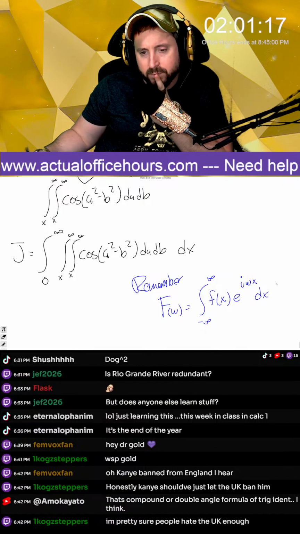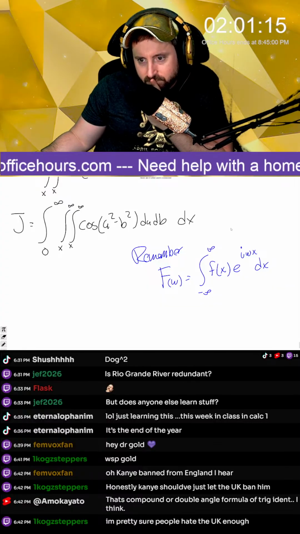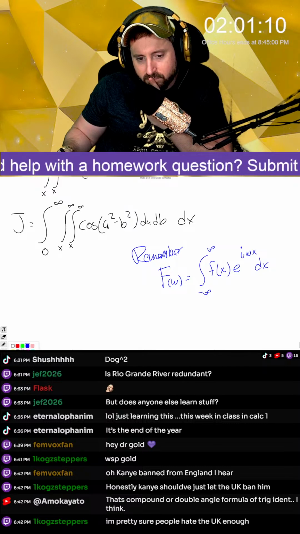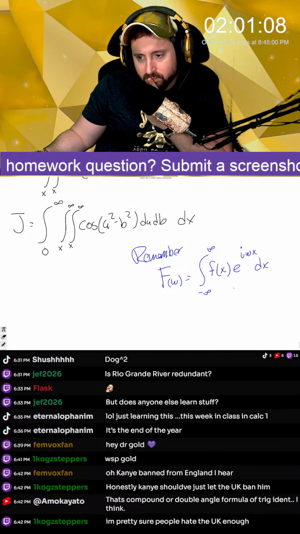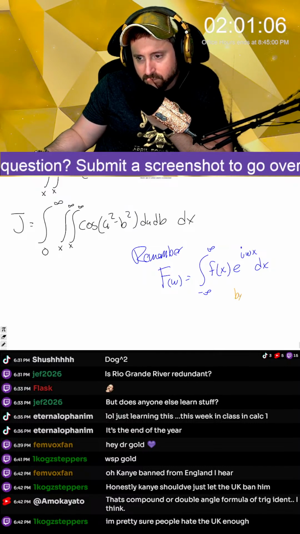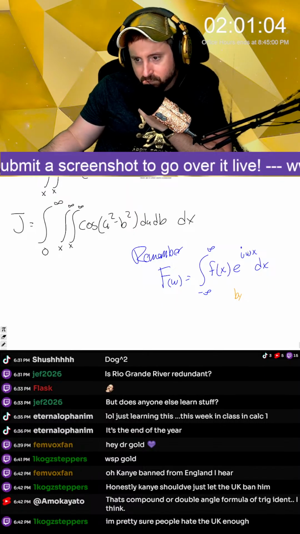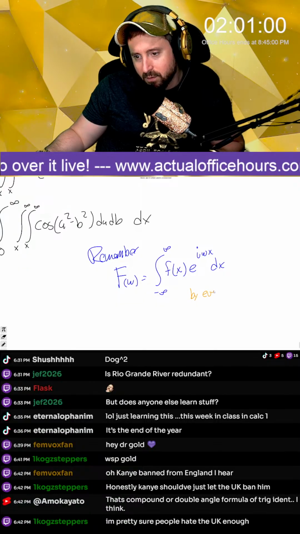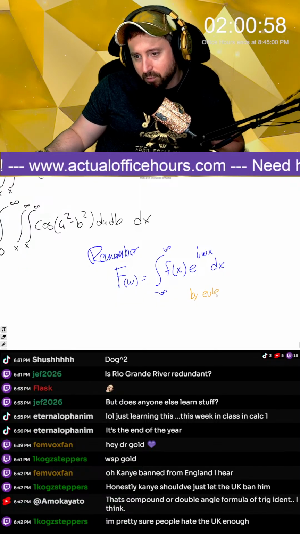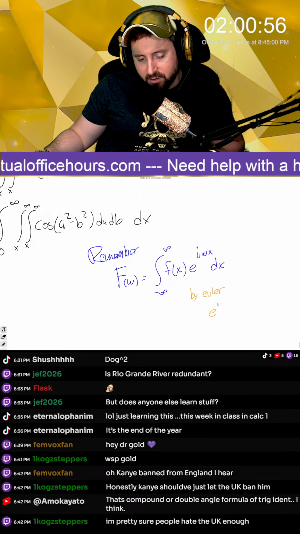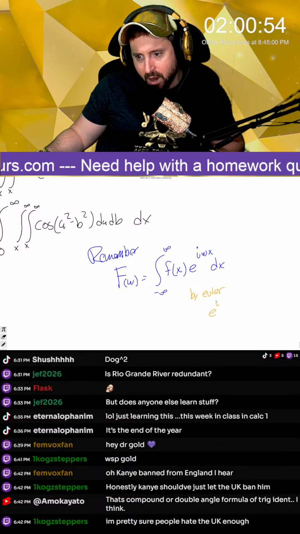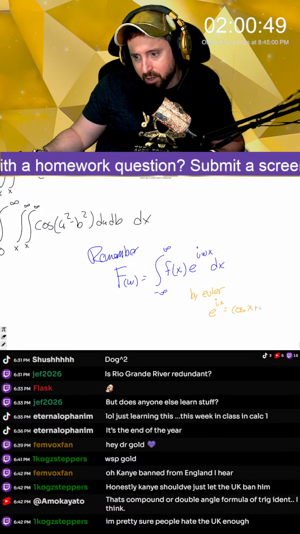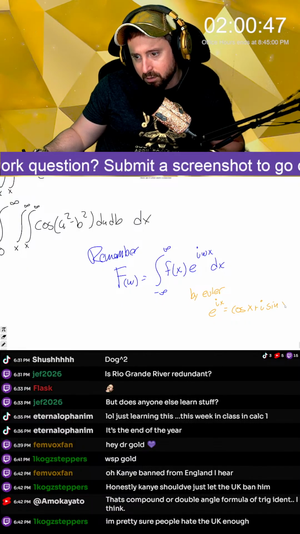And then using Euler's formula, that's also equal to, same bounds on the integral, f of x cosine of omega x minus i f of x sine of omega x. So remember, by Euler, e to the ix is equal to cosine x plus i sine x. Is this right?